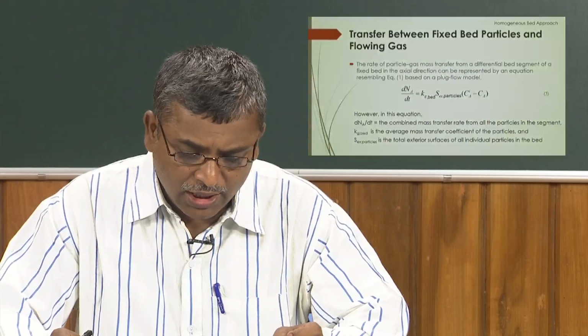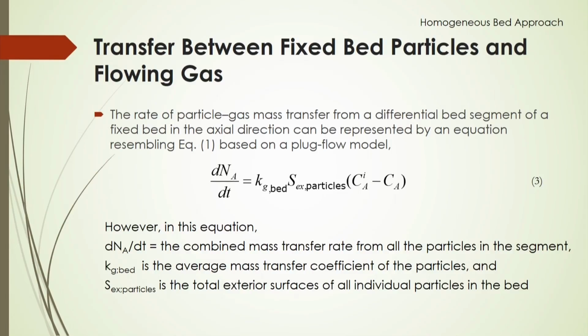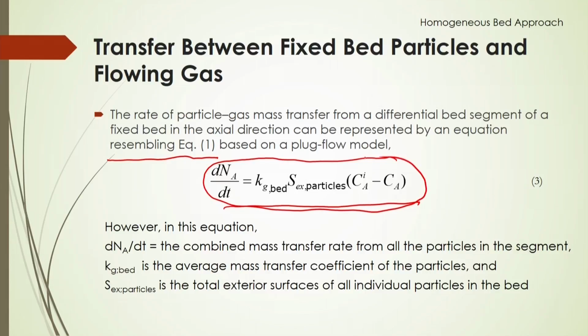And the rate of particle-gas mass transfer from a differential bed segment of a fixed bed in the axial direction can be represented by an equation similar to equation 1, based on a plug flow model. This is basically for the fixed bed, where particles are not moving whereas gas is moving.